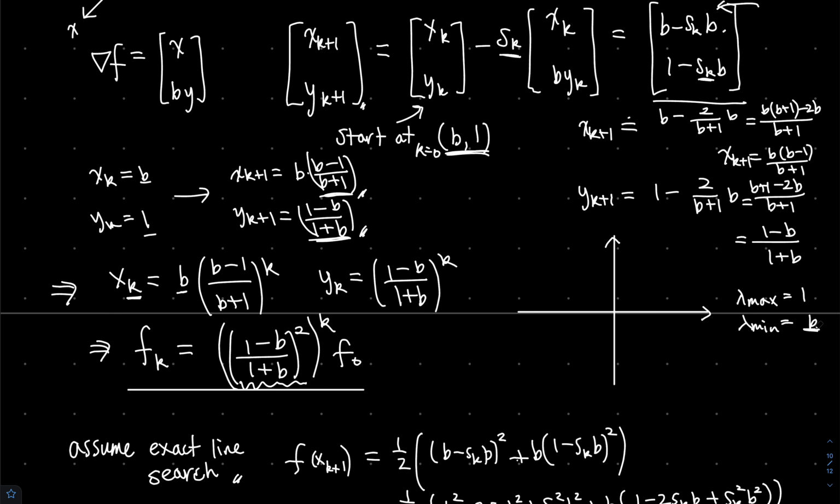Now, if b is very small, then we are going to have these very elongated ellipses. So b being small means that we have a large condition number, kappa being 1 over b, lambda max over lambda min.